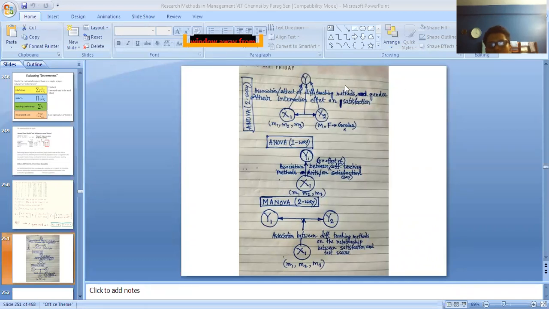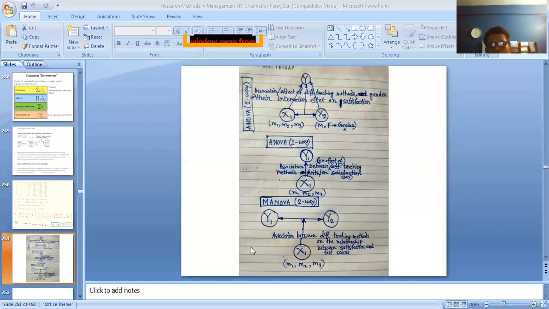What is the effect of gender on the test score, and also you can find out what are the interaction effects of teaching methods and gender on the test score, that you can also check out.